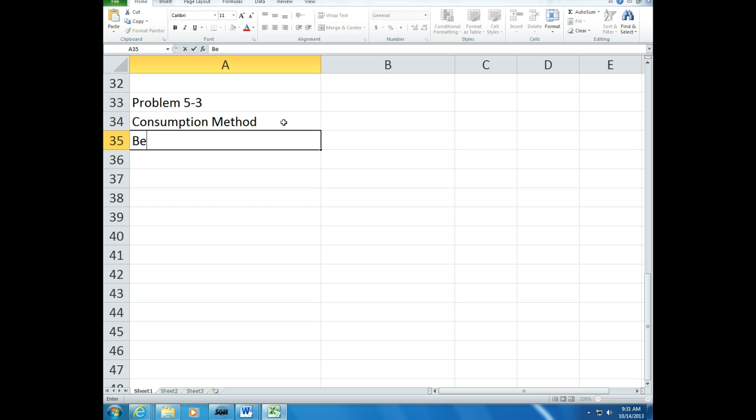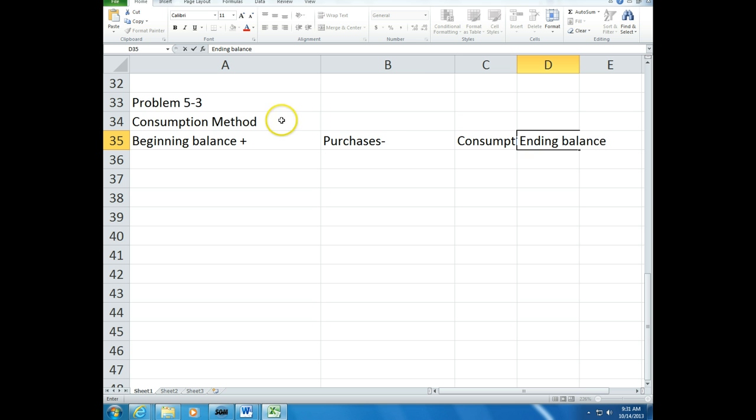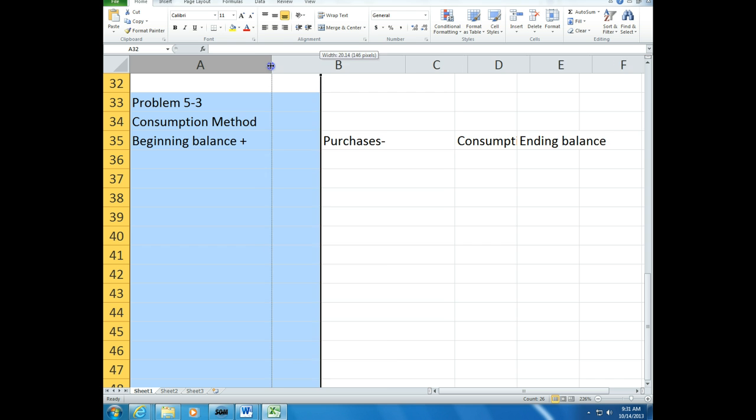So let's look at beginning balance, plus purchases, minus consumption, equals ending balance. You kind of do this when you're trying to figure out your cost of goods sold.